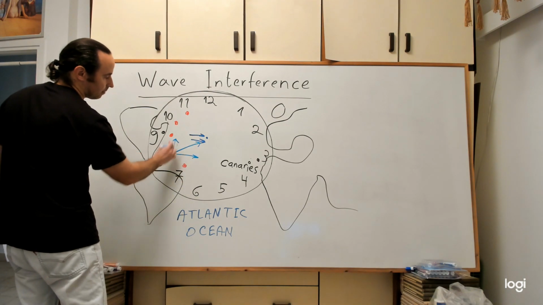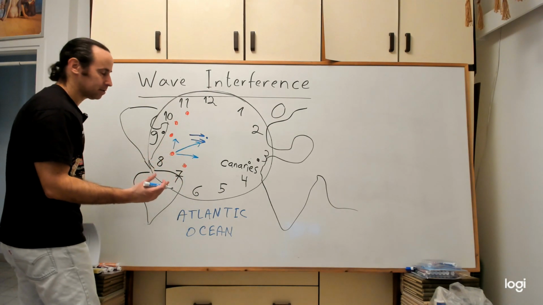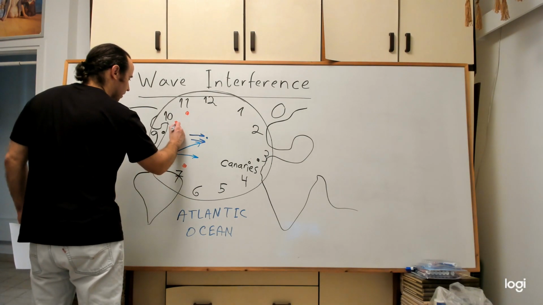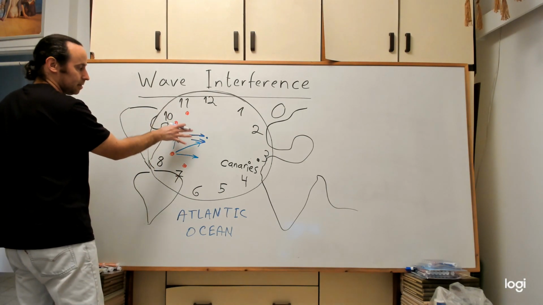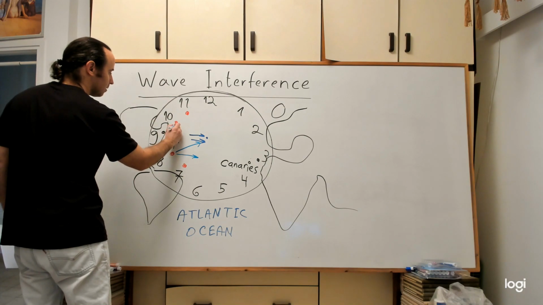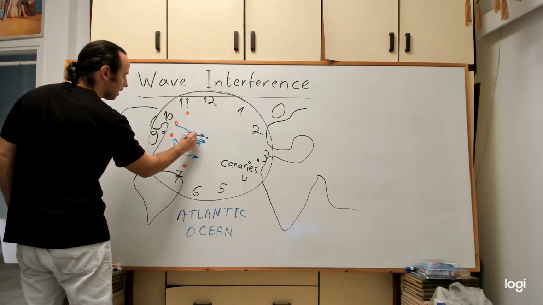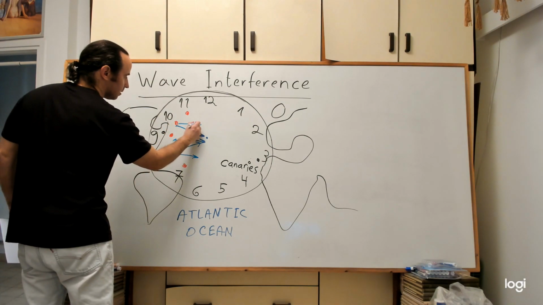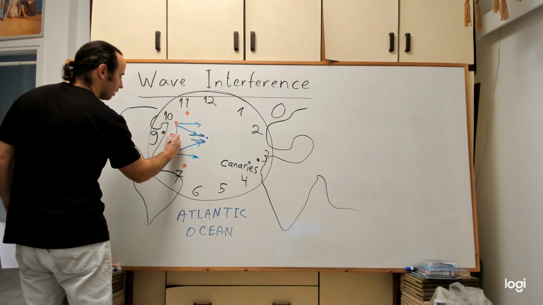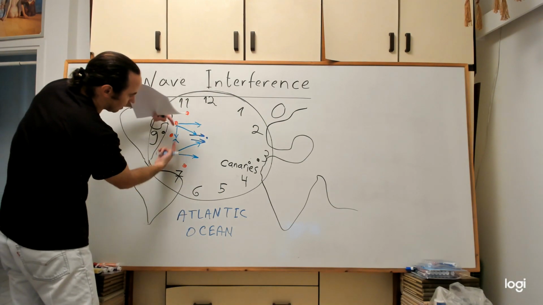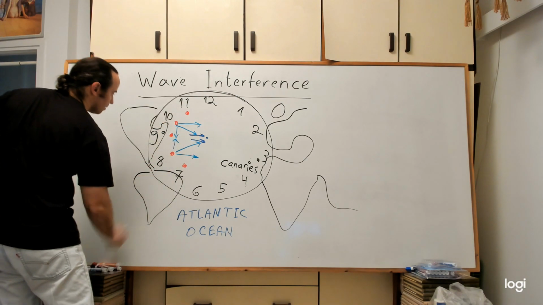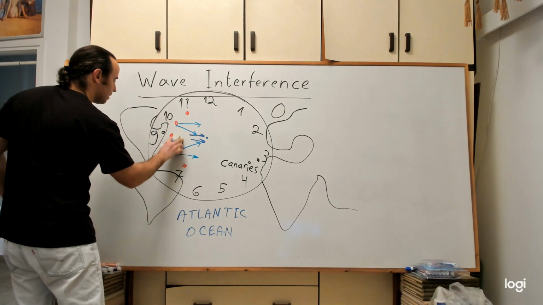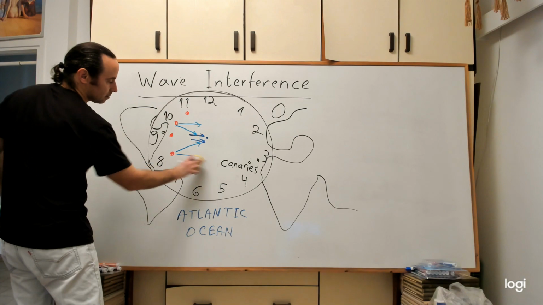If you know vectors, it will make more sense. If the 10 o'clock explodes, it goes to the center, and we can see it as one to here and one to here. And these two cancel each other. These two are no longer existent.